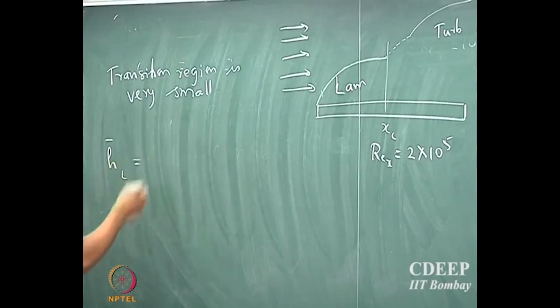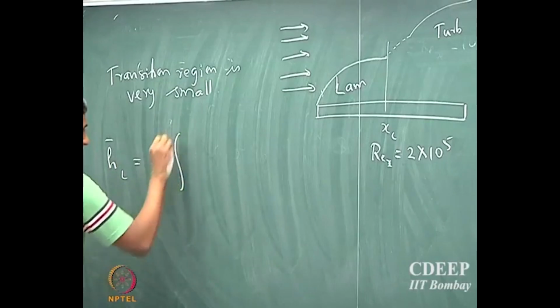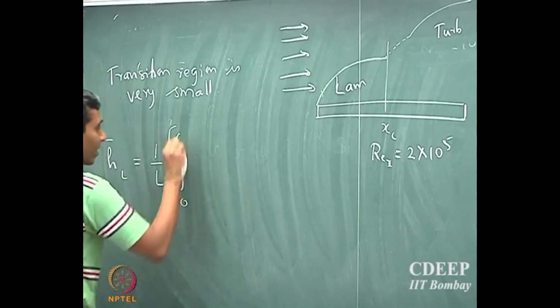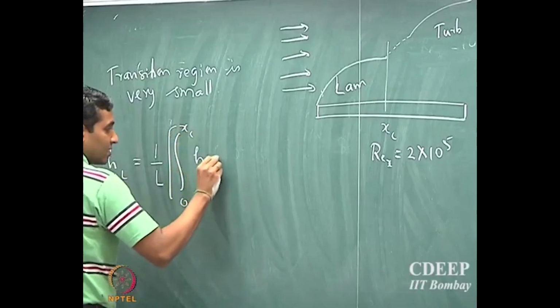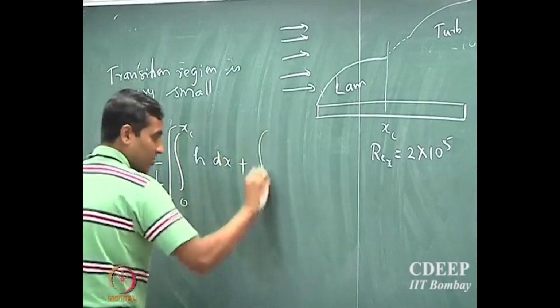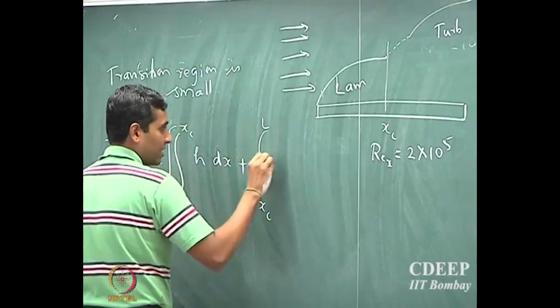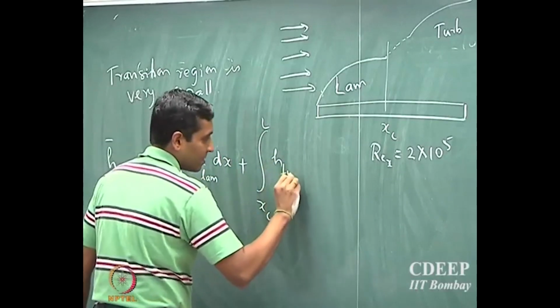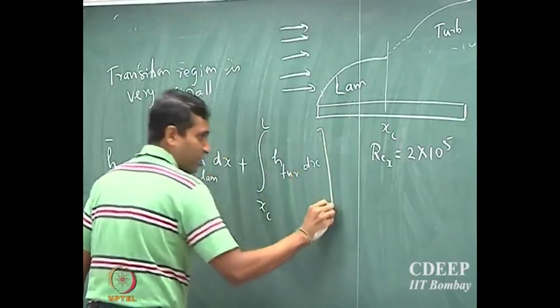So if we assume that it's very small, then one could define average heat transport coefficient for mixed hydrodynamic condition, that is you have laminar and turbulent, simply as integral 0 to xc dx plus xc to L. So this is laminar heat transport coefficient and turbulent heat transport coefficient, okay.